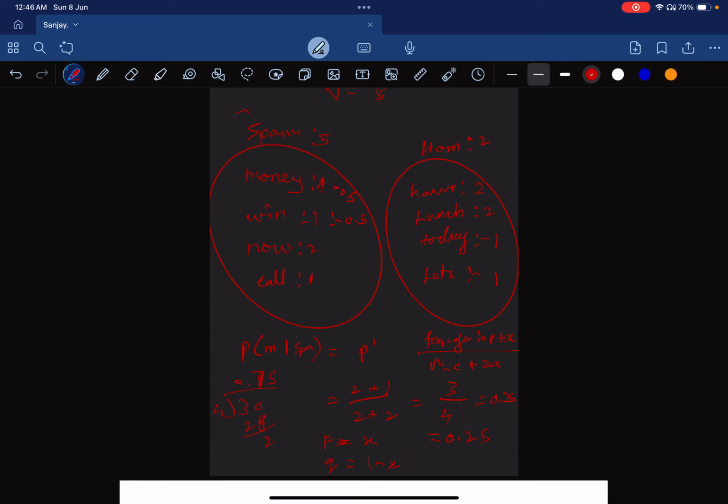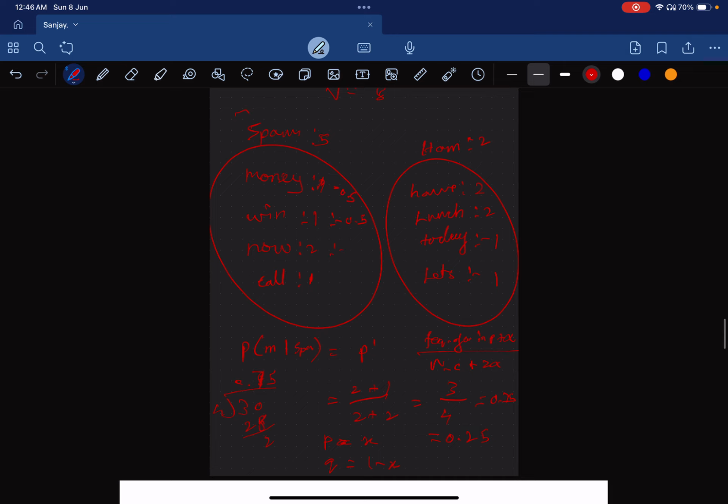If the probability of "now" being present in the spam class is 0.75, then the probability of it not being present is 1 minus 0.75, that will be 0.25.